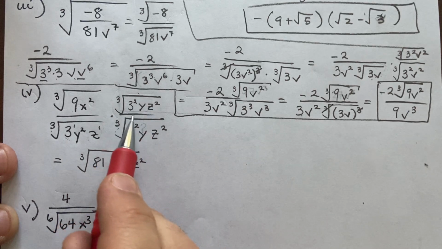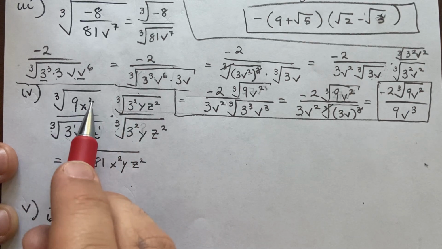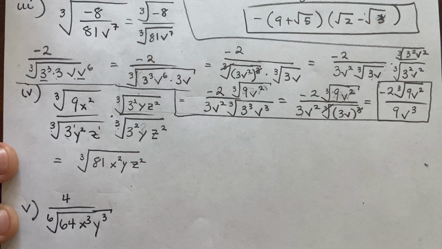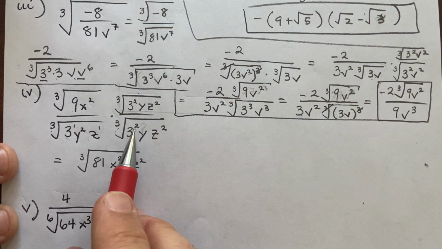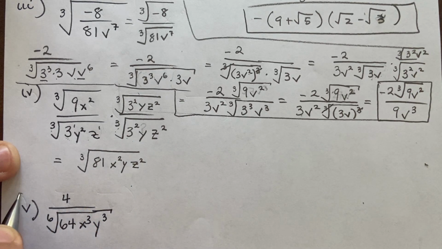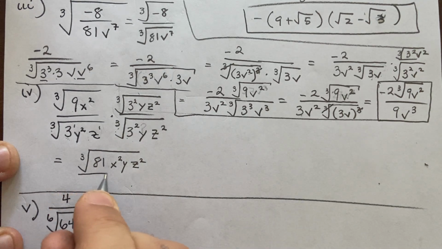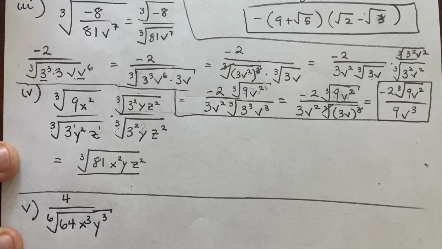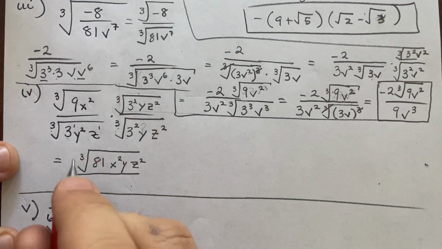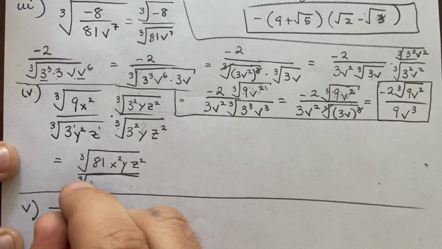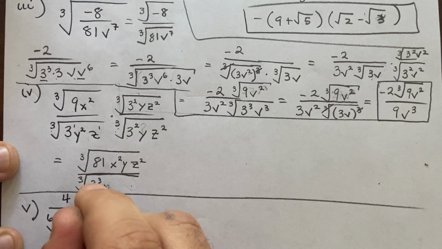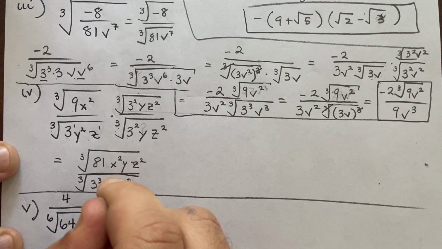I'm bringing everything in here into here. And just make sure that went okay. This looks okay. And then this is over what we created. This cube root of 3 cubed, y cubed, z cubed.